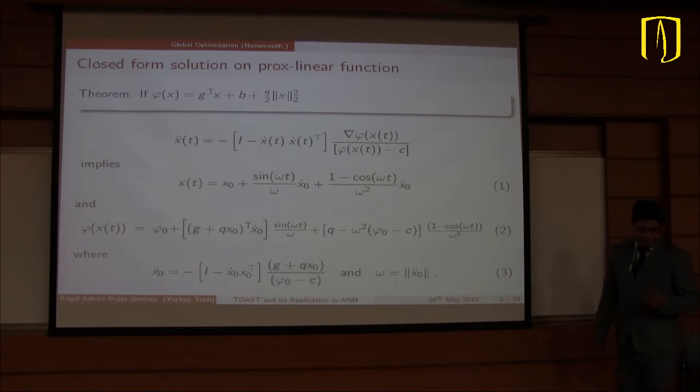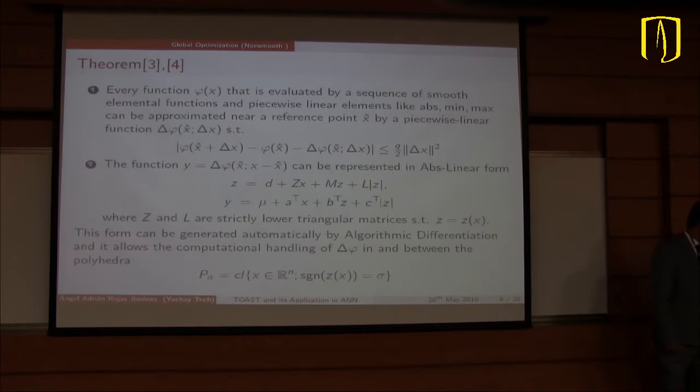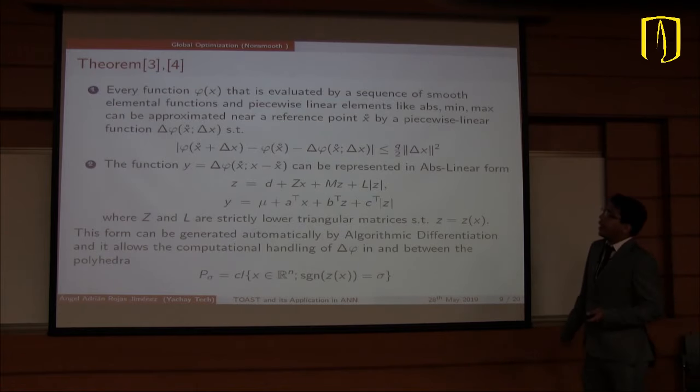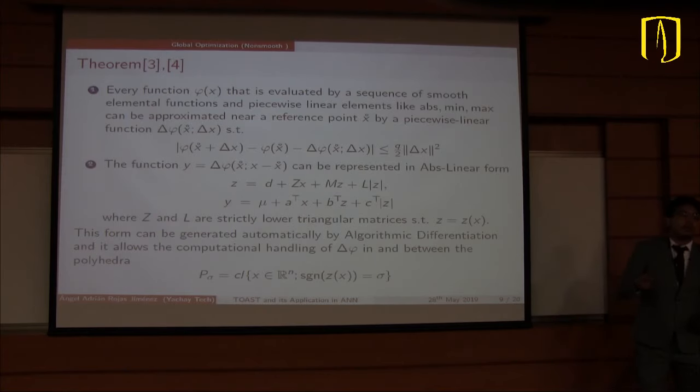Okay, so every function that is piecewise smooth and is composed of smooth elemental functions and piecewise linear functions like absolute value, the min function, or the max function like the hinge function, can be approximated by a piecewise linear model at a reference point.